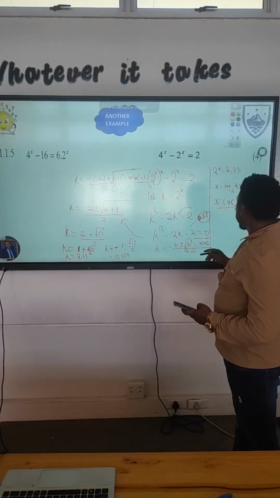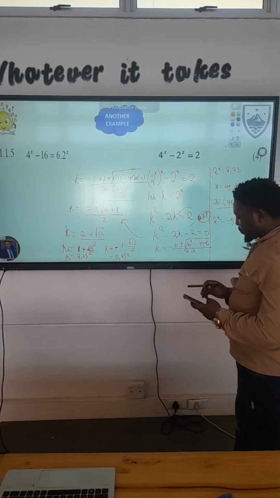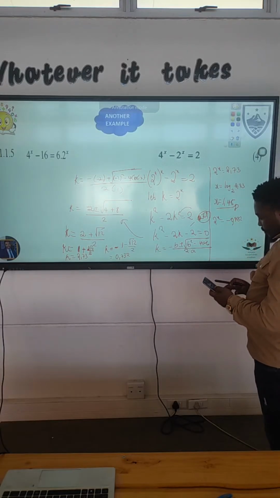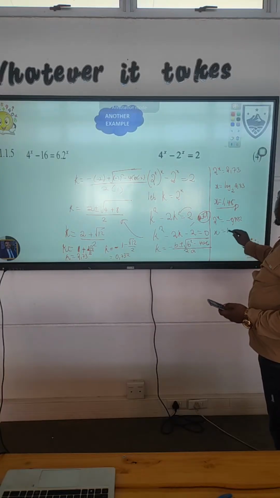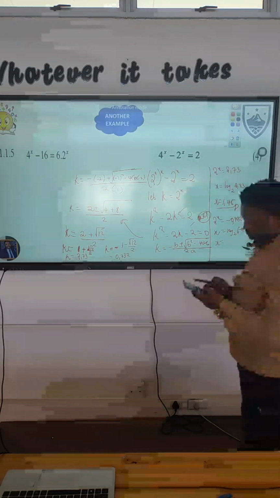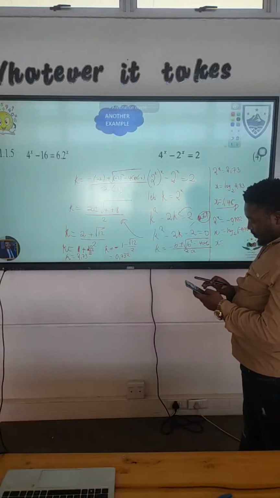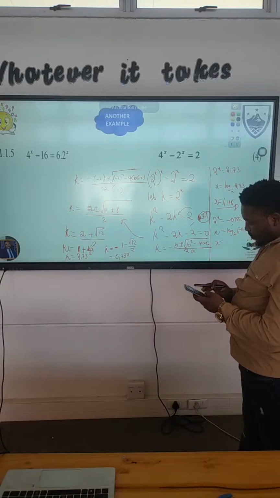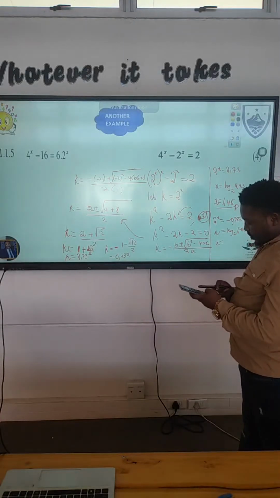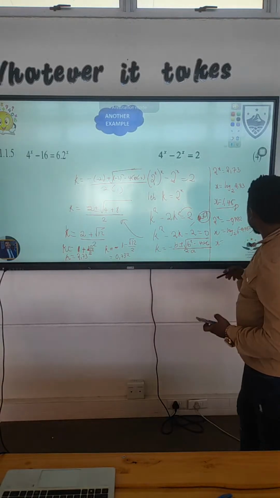And then let's see this one. My x value would be the log of negative 0.732, which is impossible.